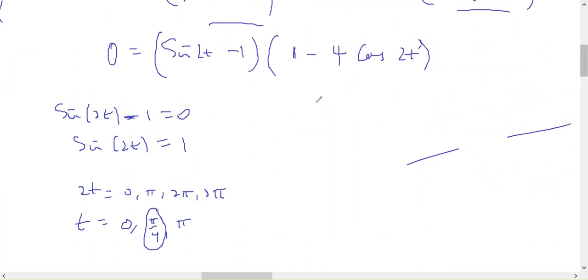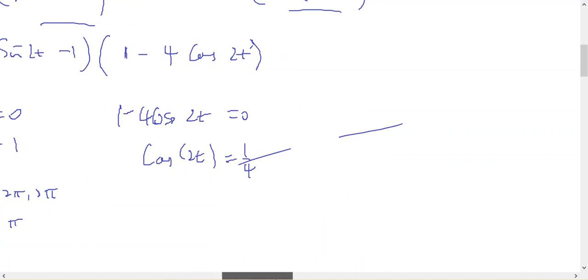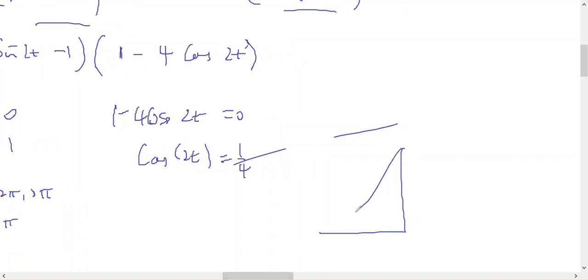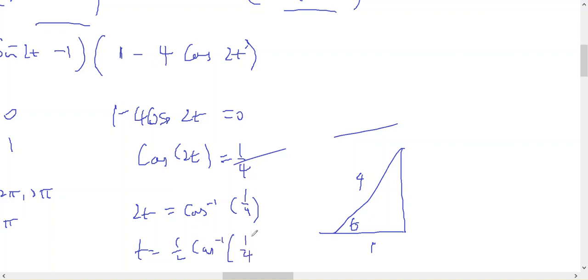Or the second part of the answer is 1 minus 4 cos of 2t equals 0, which means the cos of 2t equals 1/4. So if I'm looking at an angle whose cosine equals 1/4, I'm looking at 2t equaling the inverse cosine of 1/4, which means t equals 1/2 the inverse cosine of 1/4.